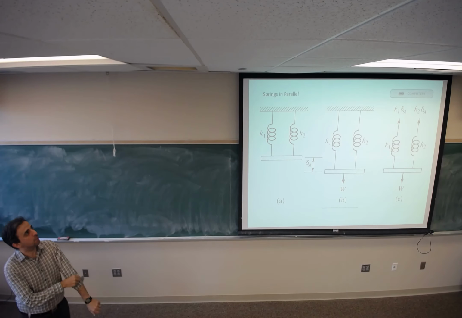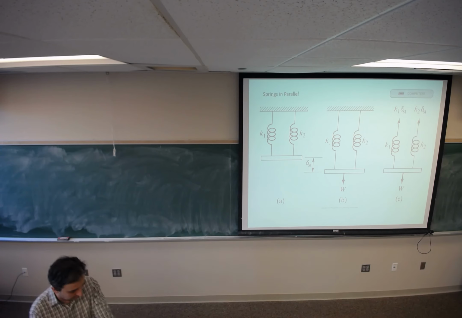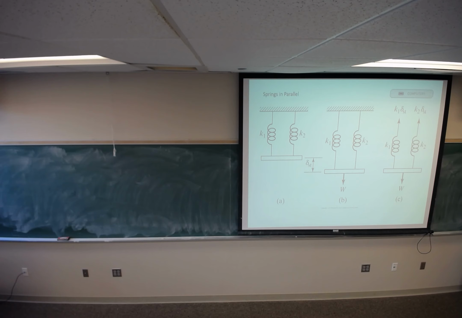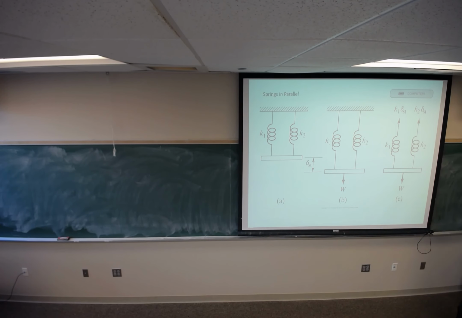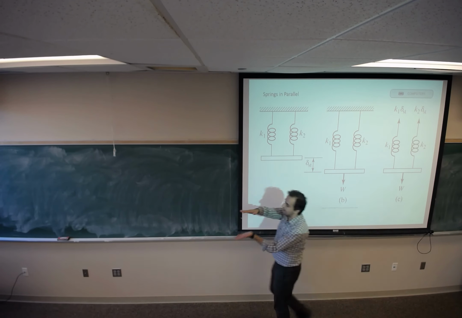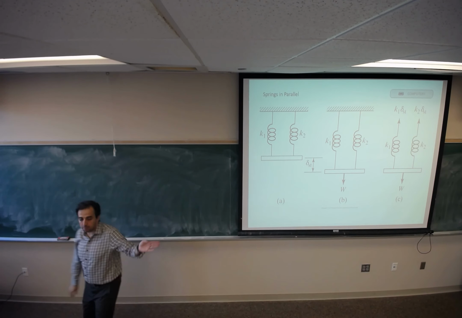the spring in parallel. How can we find the equivalent stiffness where we have a parallel system? Parallel system meaning that all springs have the same deflection, something like this.